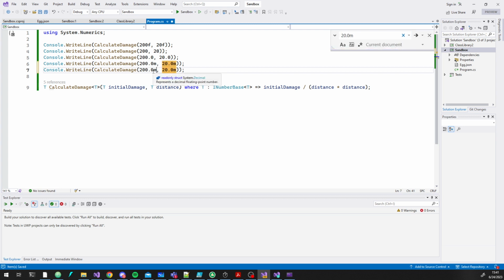And I wonder what would happen here if I did byte. In theory, this is calling a byte version. Yep, look at that. CalculateDamage with the type byte.